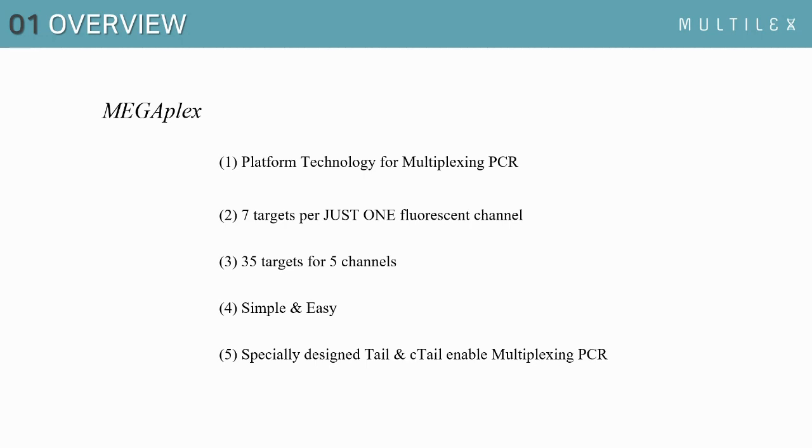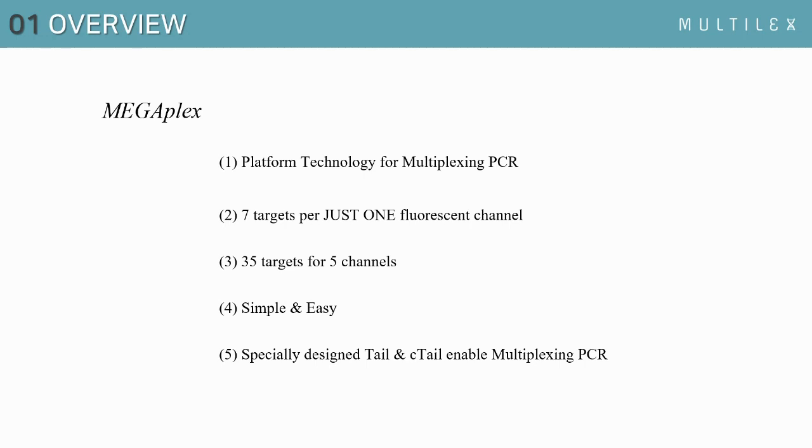The second, if you design well using the Megaplex system, you can detect 7 targets per 1 fluorescence channel. The third, if we have a PCR system having 5 fluorescence channels, you can detect 35 targets by only one single batch.